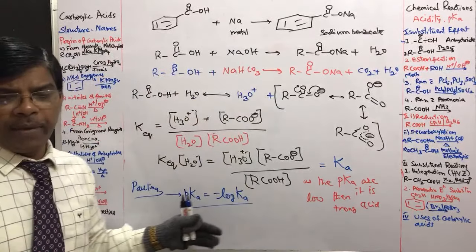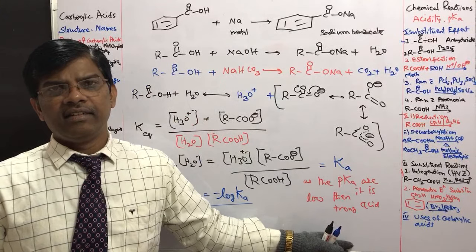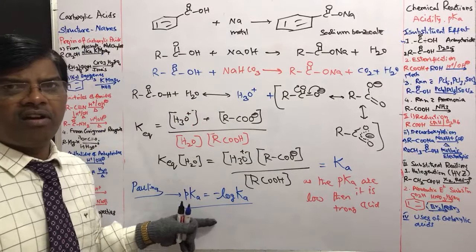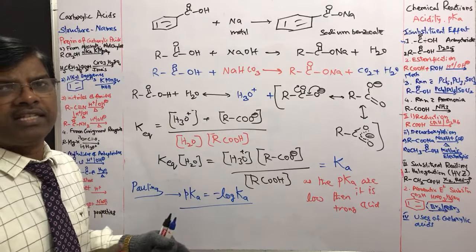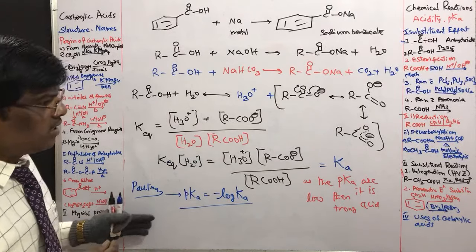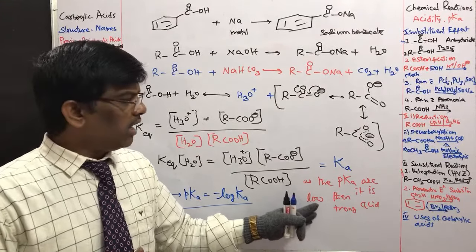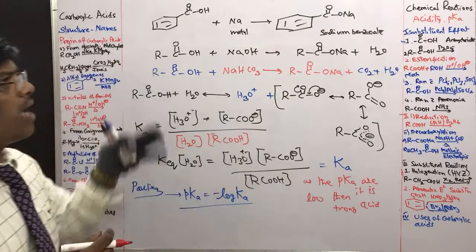So lower the pKa value of an acid, stronger the acid. I have already explained this equation derivation in another video. Please go through the Acidity of Carboxylic Acids video on Venus Academy. The pKa values are inversely proportional to the acidic strength. Let us take some acids and see.